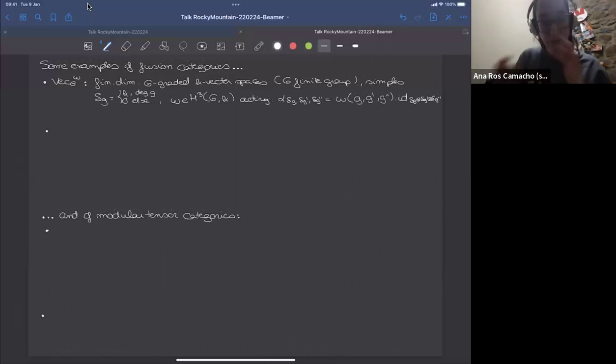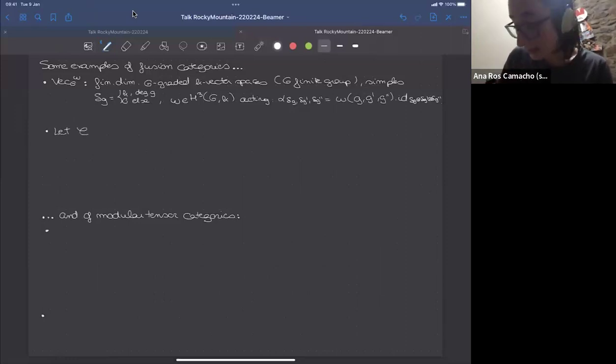And actually, the 3-cocycle condition is exactly what you get when you compute the pentagon axiom for this one. So this is the first example, let me give you another fusion category.